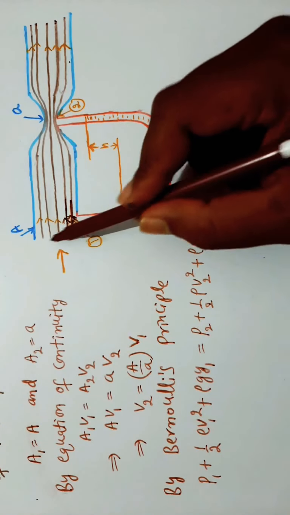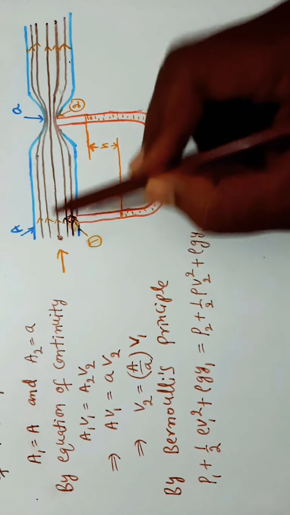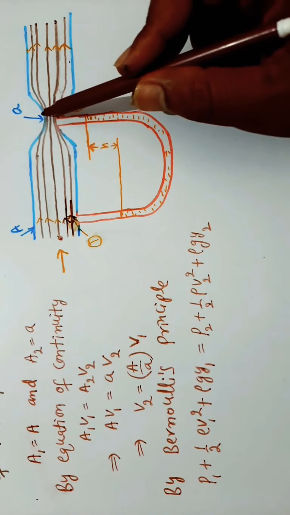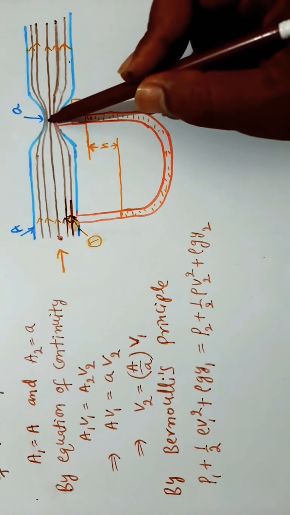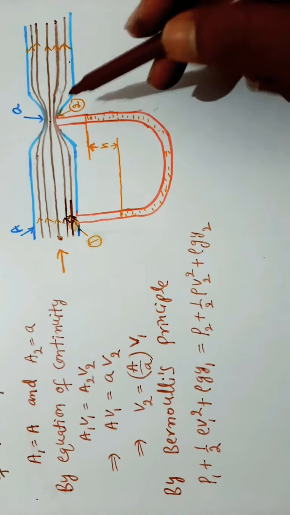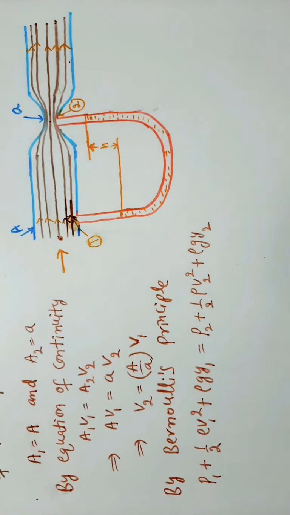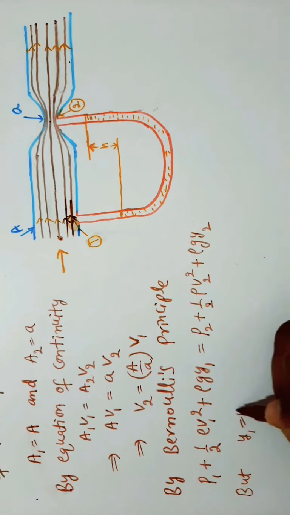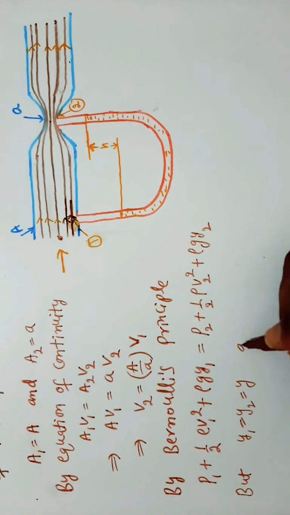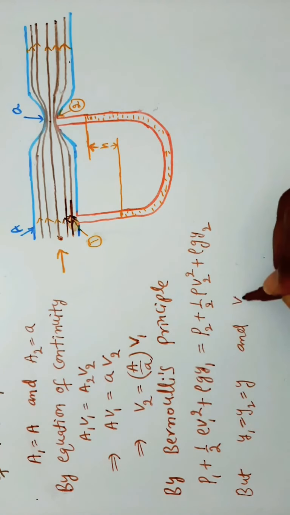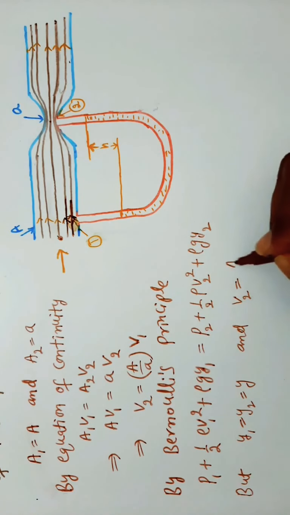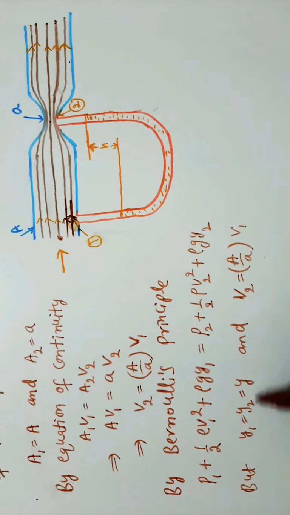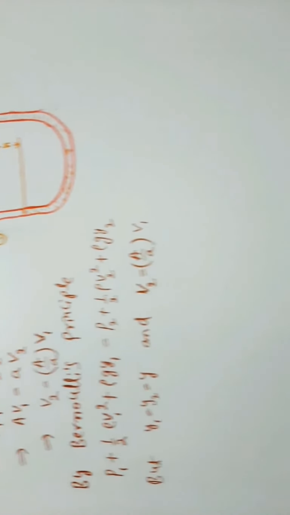Here the height of the broad neck and the height of the constraint are at the same height. So Y1 equals Y2 equals Y, and V2 is equal to capital A by small a into V1. If we substitute these values in this equation, we can get the pressure difference.